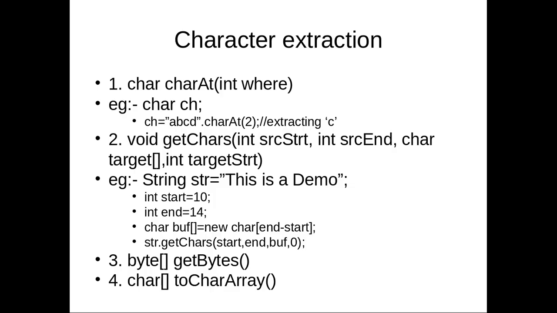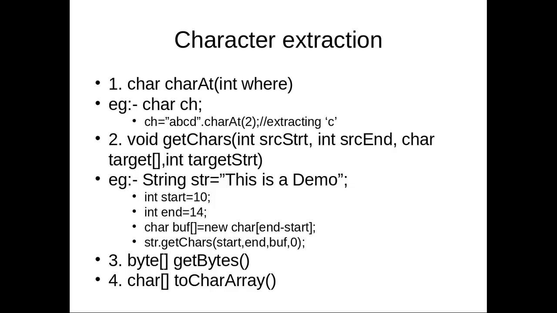And char buffer[] = new char[end - start]. Now you have defined a buffer which is a 4 character array. When str.getChars(start, end, buffer, 0) is called, from the 10th location to 14 minus 1, which is the 13th location, you copy that and put it in the buffer starting from location 0.